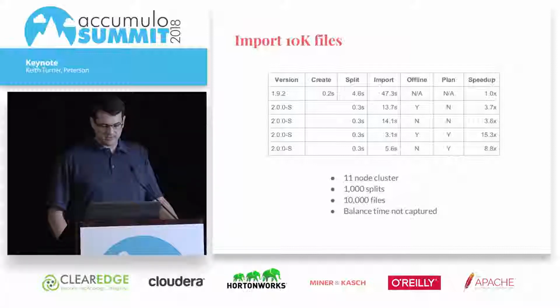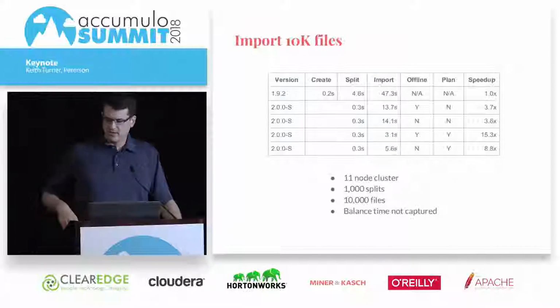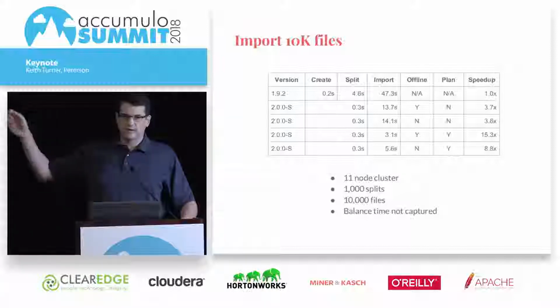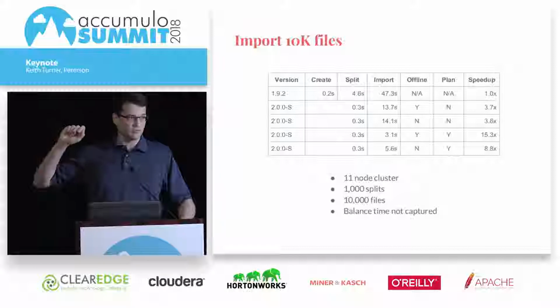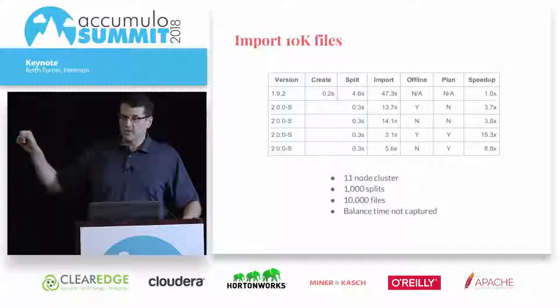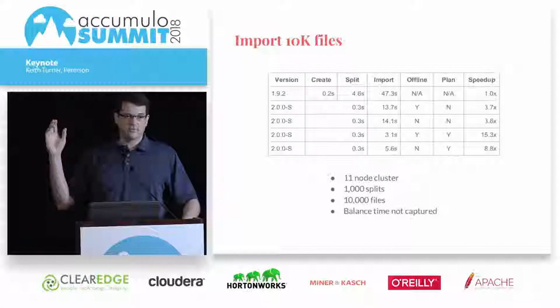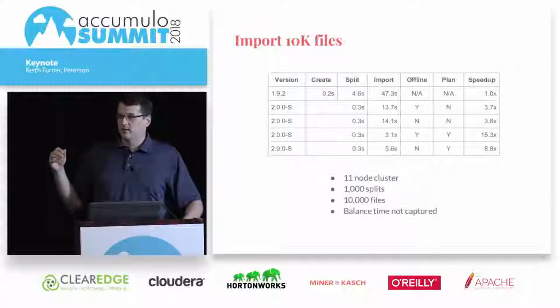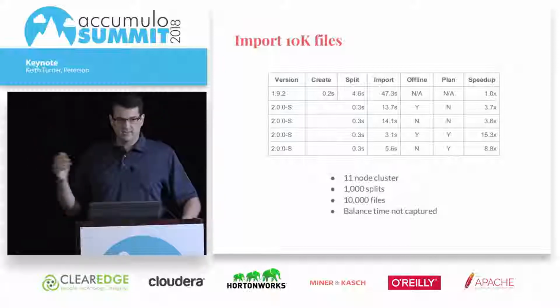Now the bulk imports, I kind of have this grid, offline and plan. So offline is whether or not the table was offline. When offline is yes, it means I created the table offline. When load plan is yes, that means instead of Accumulo inspecting the files to see where they went, it just said, send this file here.